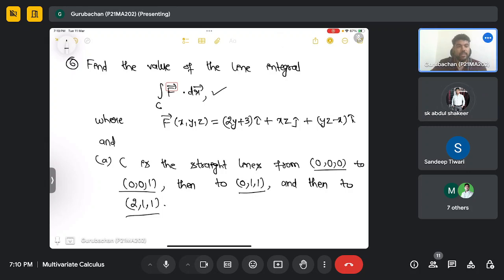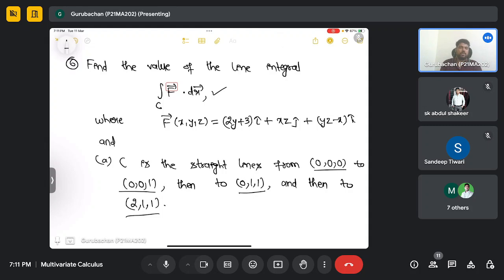So F is a gradient of a scalar function, and the benefit is that the integral is independent of path. So you just need to calculate its value at the initial point and the final point. Whether it is valid in this particular case is not sure, but you should first try by calculating the curl of F.